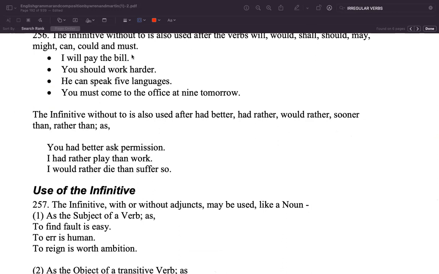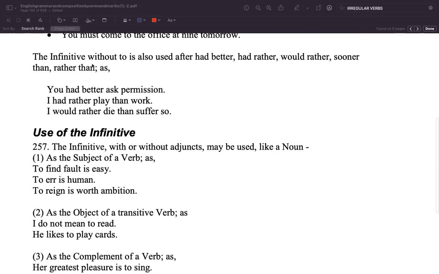Now look into this one as well. The infinitive without to is also used after had better, would rather, and sooner than, and rather than. Please do keep these rules in your mind. What are the rules?